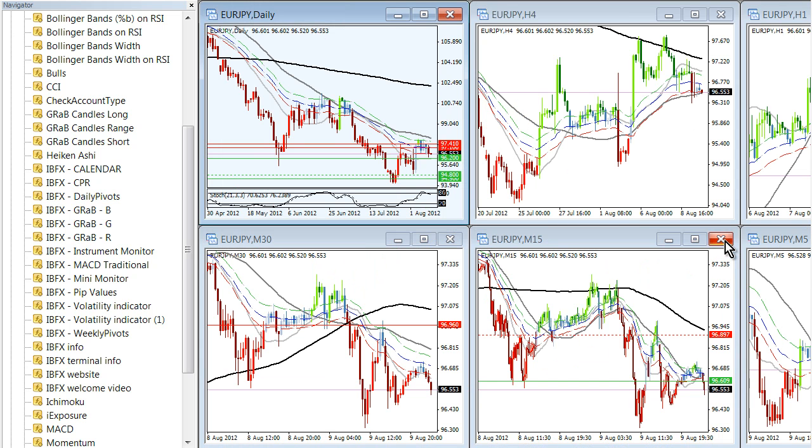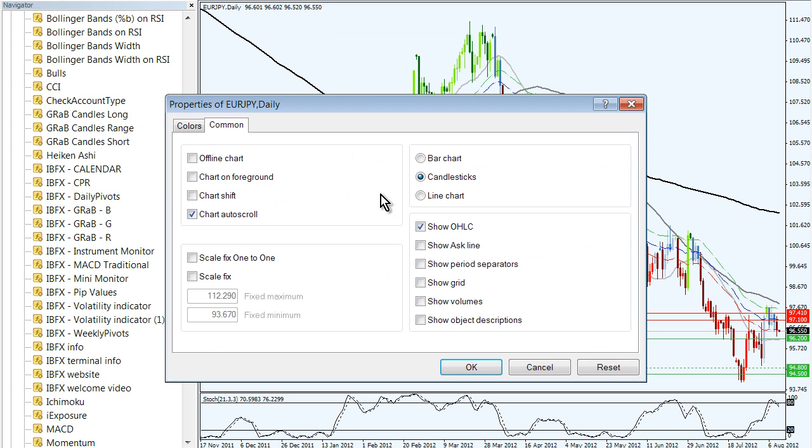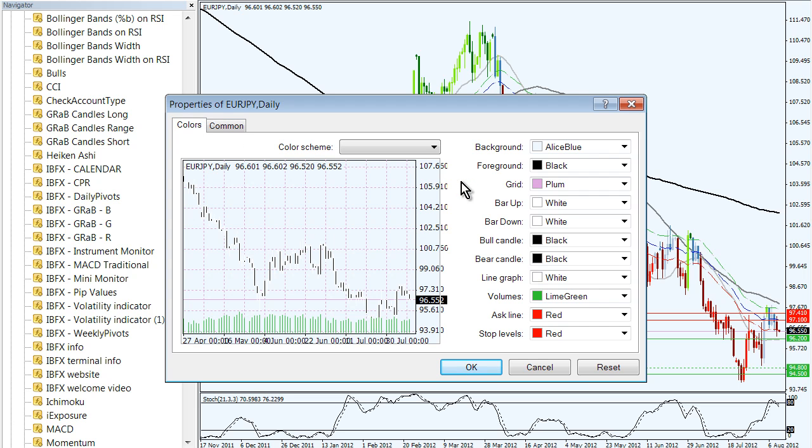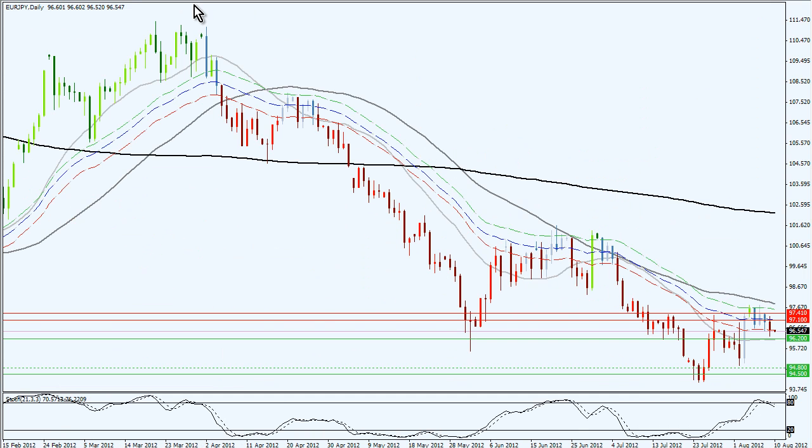Alright, so I'm going to go back to my chart here. Now you'll notice my chart is shaded in a light blue, and I've done that manually by going into the properties and choosing, I believe it's Alice Blue. Yep, Alice Blue background. The reason I've done that is because most recently my 34 EMA wave has flattened out to more of a sideways, what I would call a 3 o'clock angle.